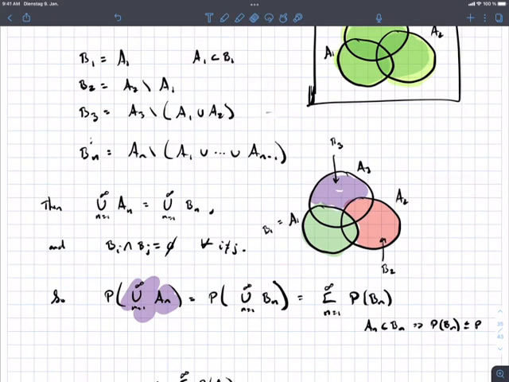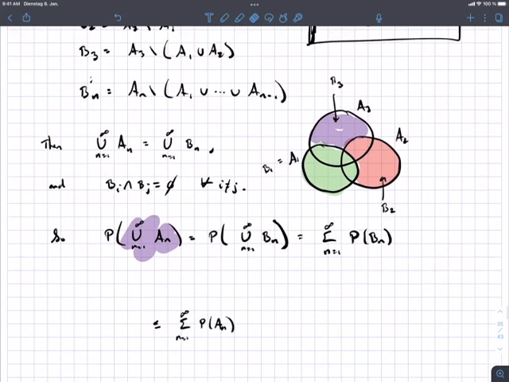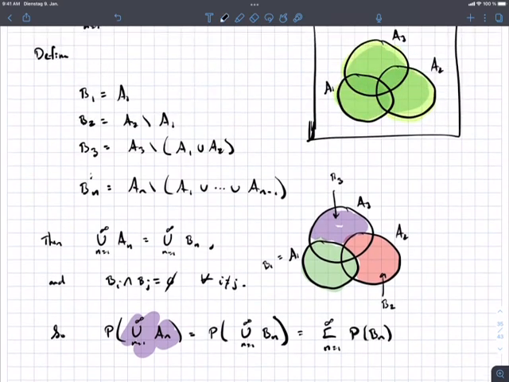I'm doing it all backwards. Which one is bigger? B2 is contained in A2, because to get B2, I take A2 and I take away some part of it. So B2 is in A2.